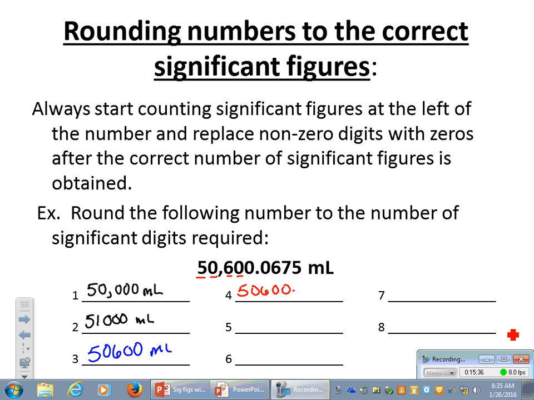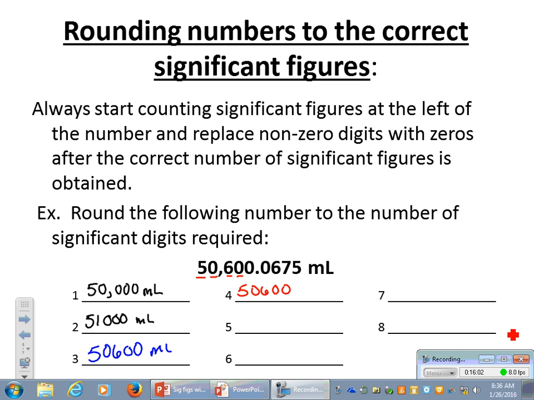So let's plunk a decimal on there. If we do that, now our trailing zeros are significant, and we have a captive 0, which is significant, and 2 trailing zeros, which are significant as well. So we have 3 significant zeros and 2 non-zero digits, so that's 5 significant digits, and this creates a problem.